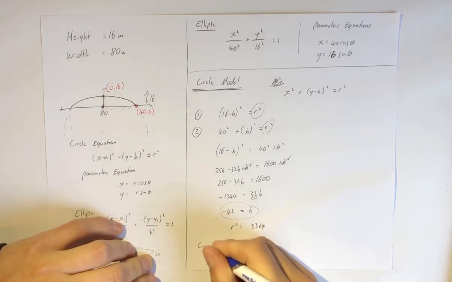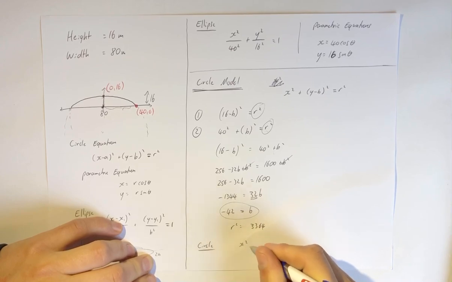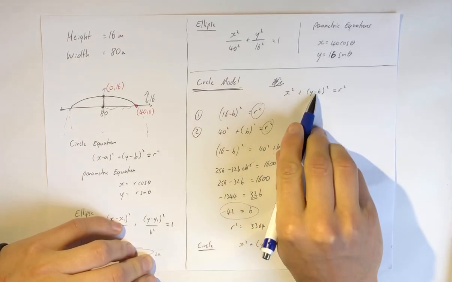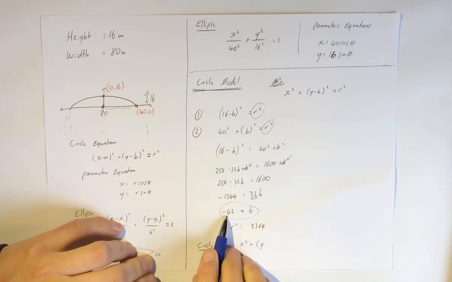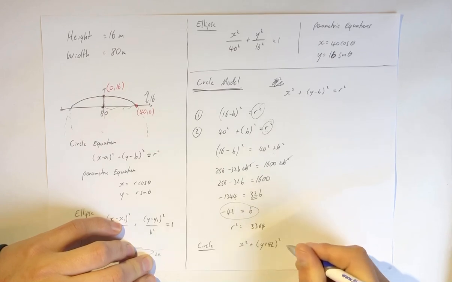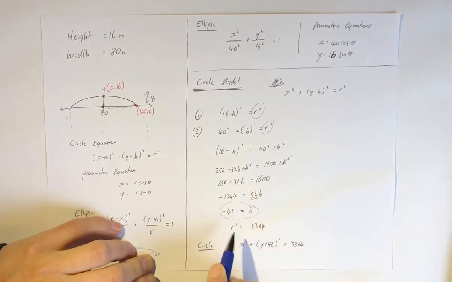So my circle equation is x squared plus y. Now be careful, because it's y take away b, and b was negative, so it's actually plus 42 all squared is equal to 3364.